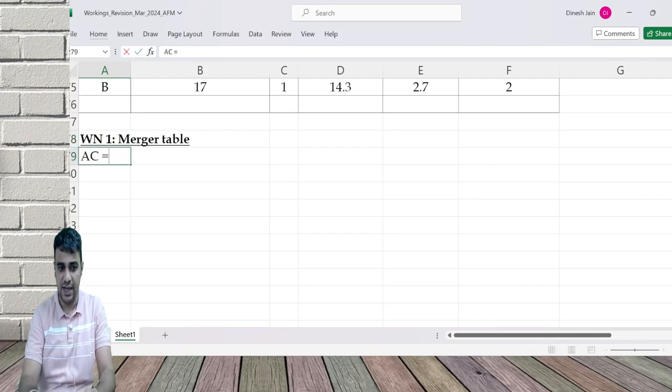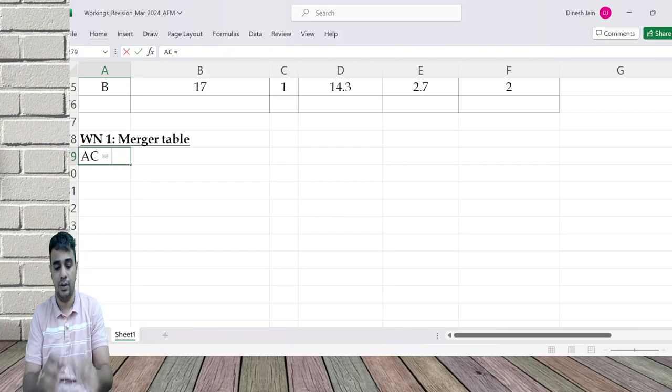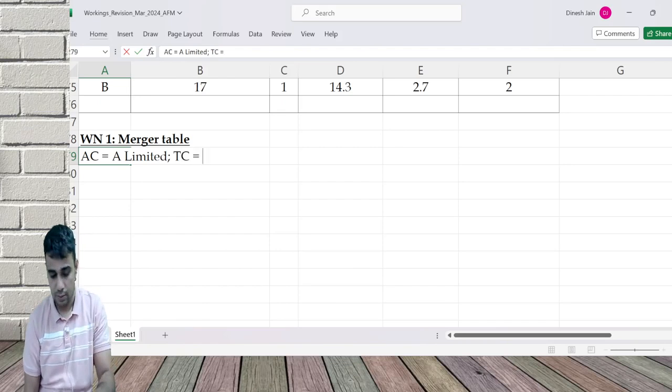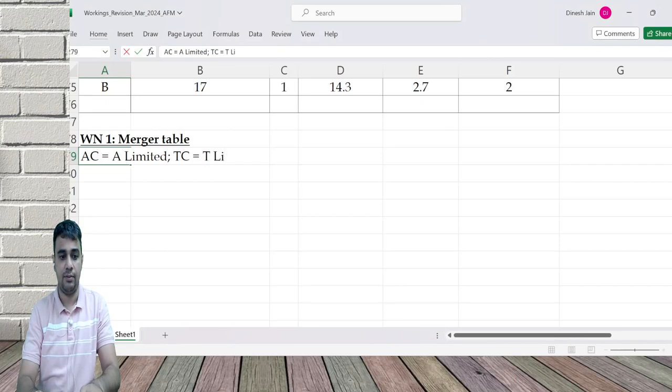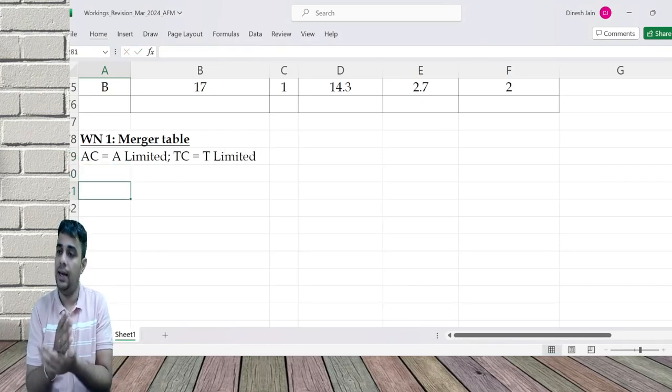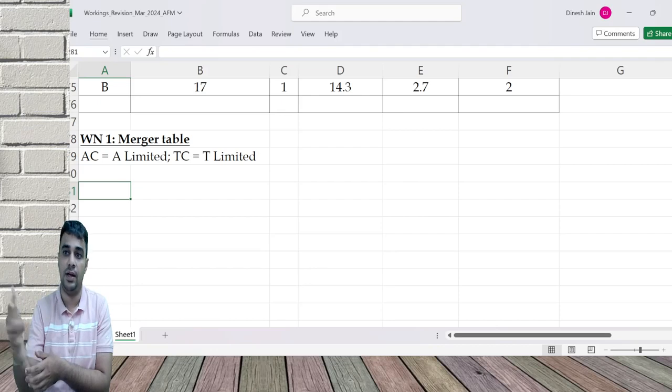AC equal to A Limited, T Limited is the target company. I'll explain the question in detail. In case there are doubts, please let me know. Now listen, when we prepare our table: particulars, A Limited, T Limited, merged. But you need to have extra columns because merged I can rework once, twice, thrice in the question.